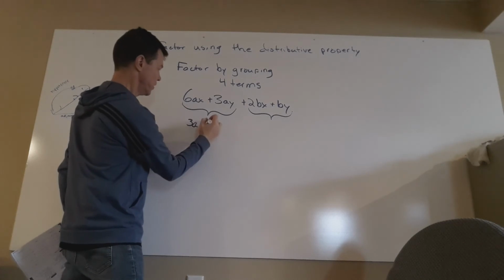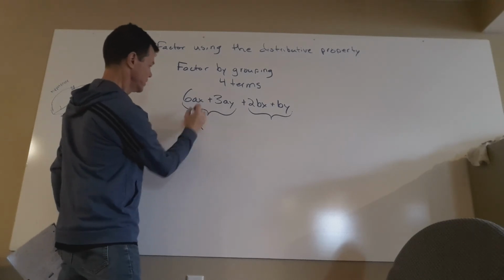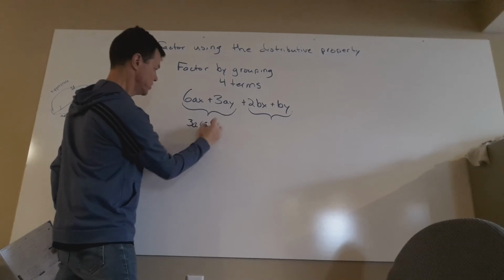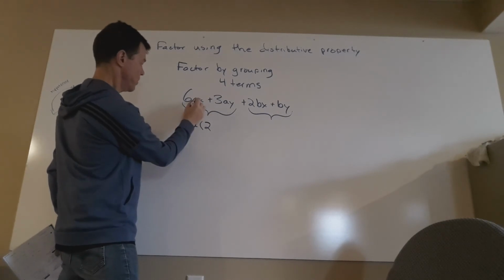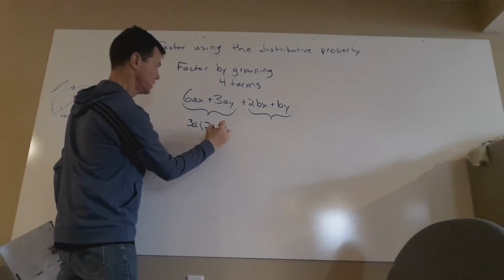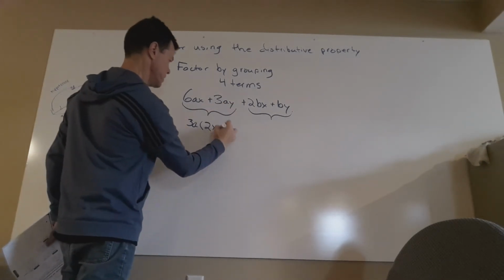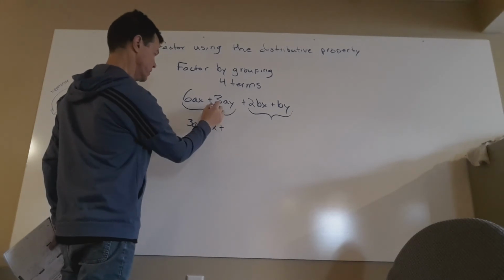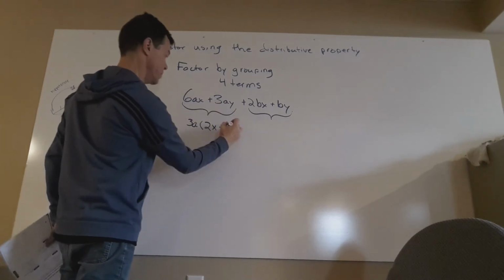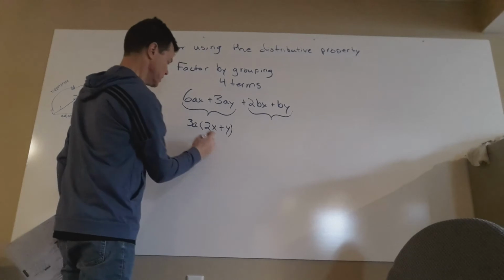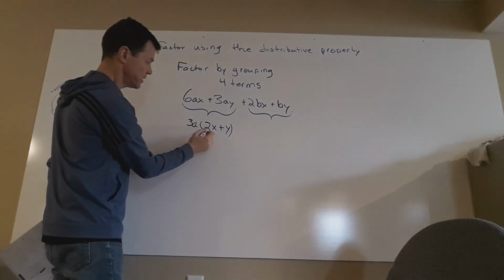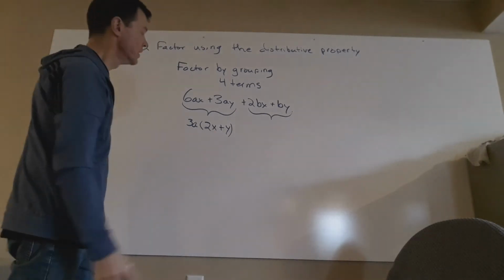And when you're done, you're left with 6 divided by 3 is 2. You take one a out, you're left with nothing, and you're left with just the x. When I factor a 3a out of 3ay, I take the 3 out, the a out, and I'm only left with y. So I could factor out a 3a out of this, and I'm left with 2x plus y.